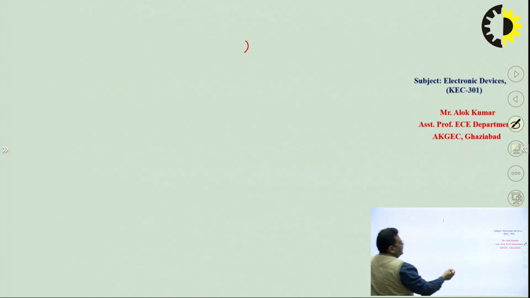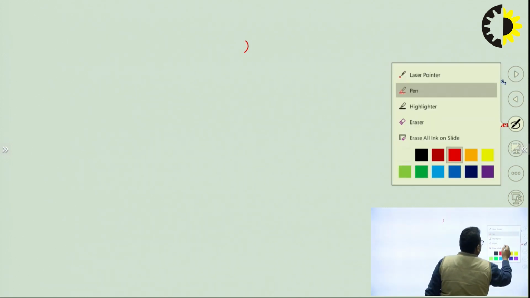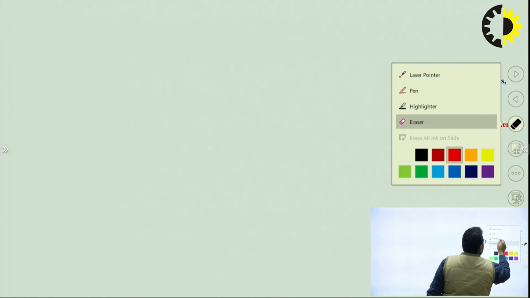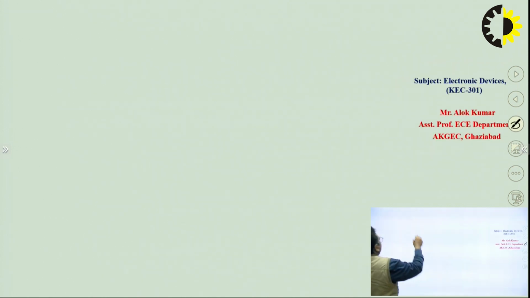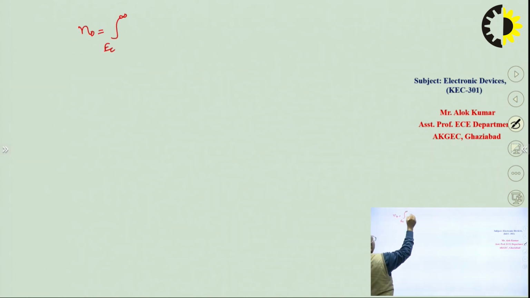So now to solve it, we will write N naught is equal to the integral from EC to infinity. We will put the value of N(E).